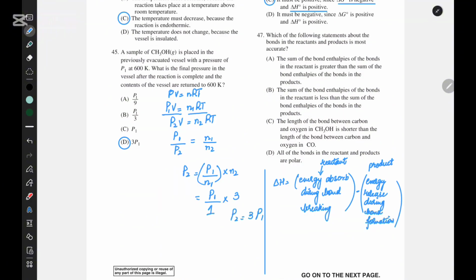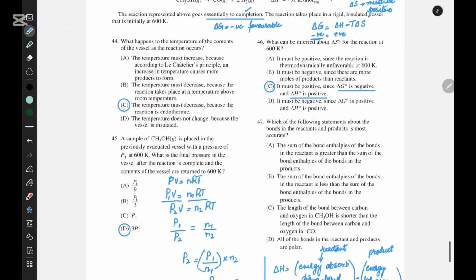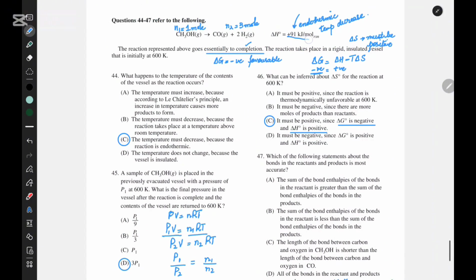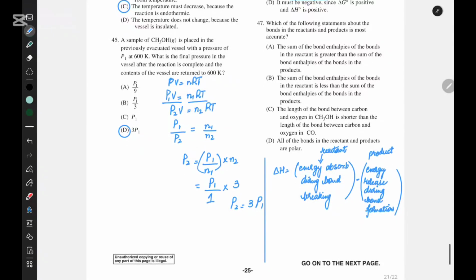So the next question is saying which of the following statements about the bonds in the reactant and product is most accurate. So you can see, as enthalpy change is positive in this question, that means enthalpy change is energy absorbed during bond breaking, which is reactant.